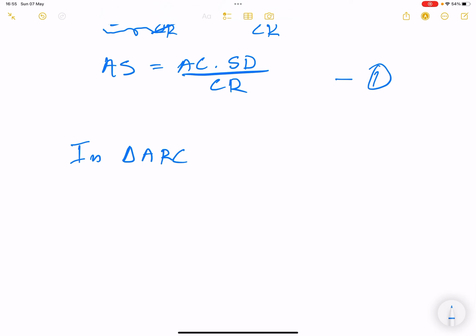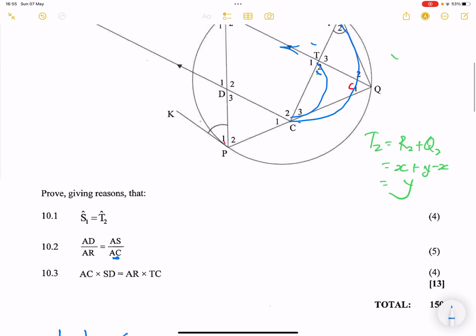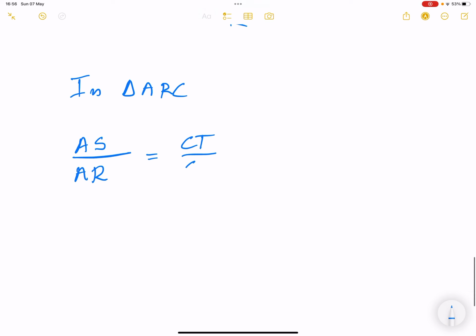And what was the reason? We said this is a line that is parallel to one side of a triangle.